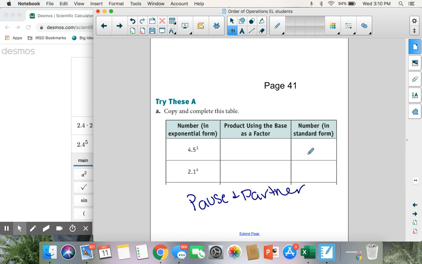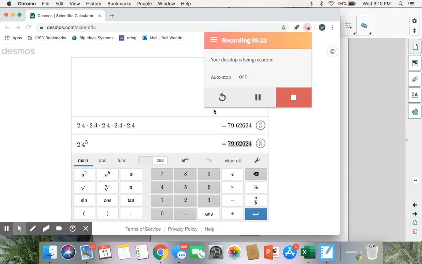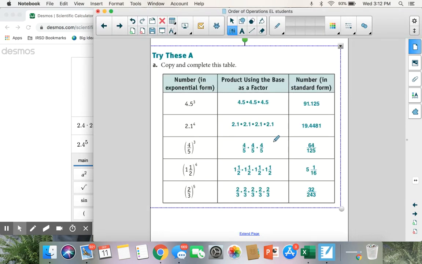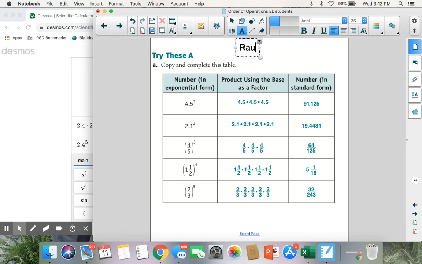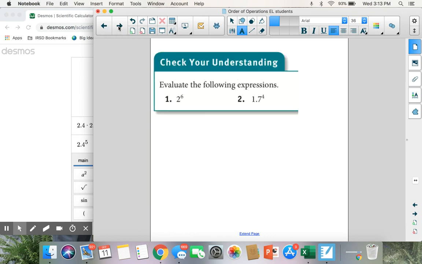I want you to fill in these two boxes and then push play and check your answers. All right, your table should look like this. If you need to, pause and check. If you got something wrong and you have no idea how, ask one of us and we are happy to help you. And you can use the calculator for this.